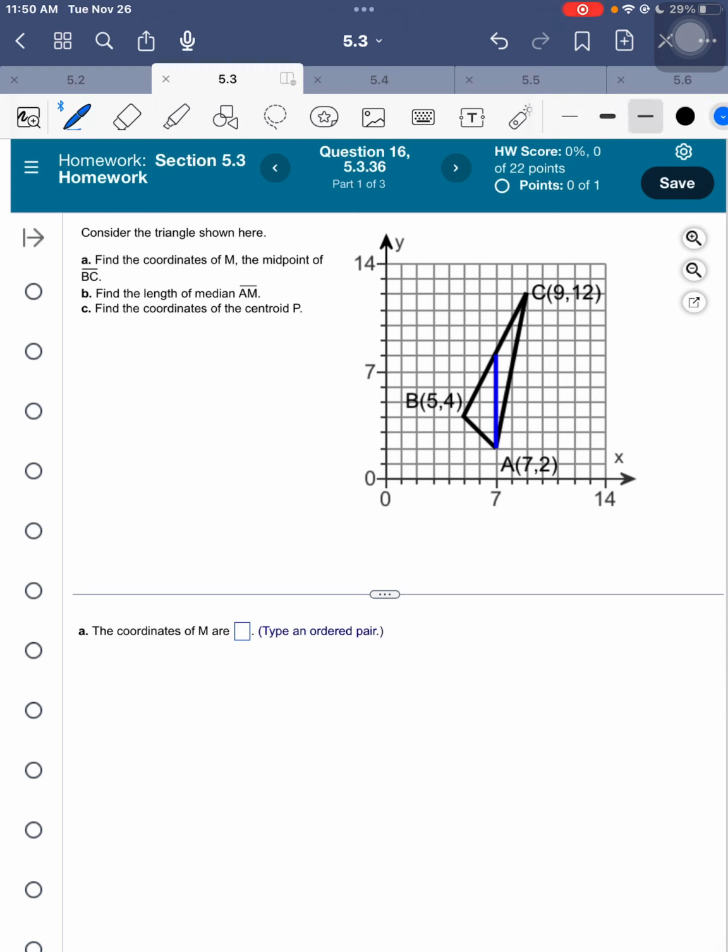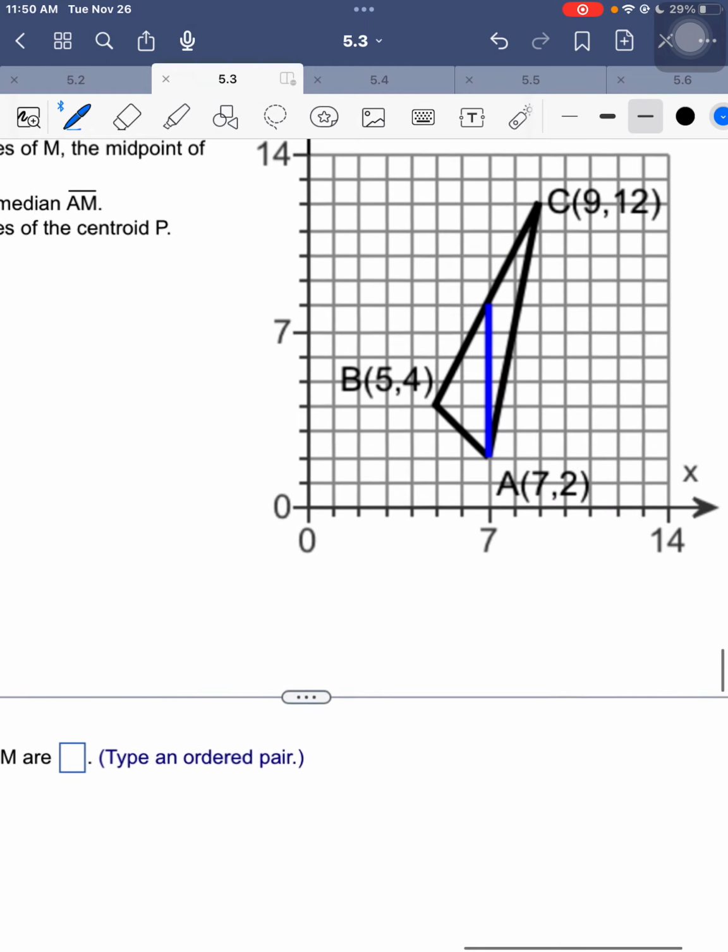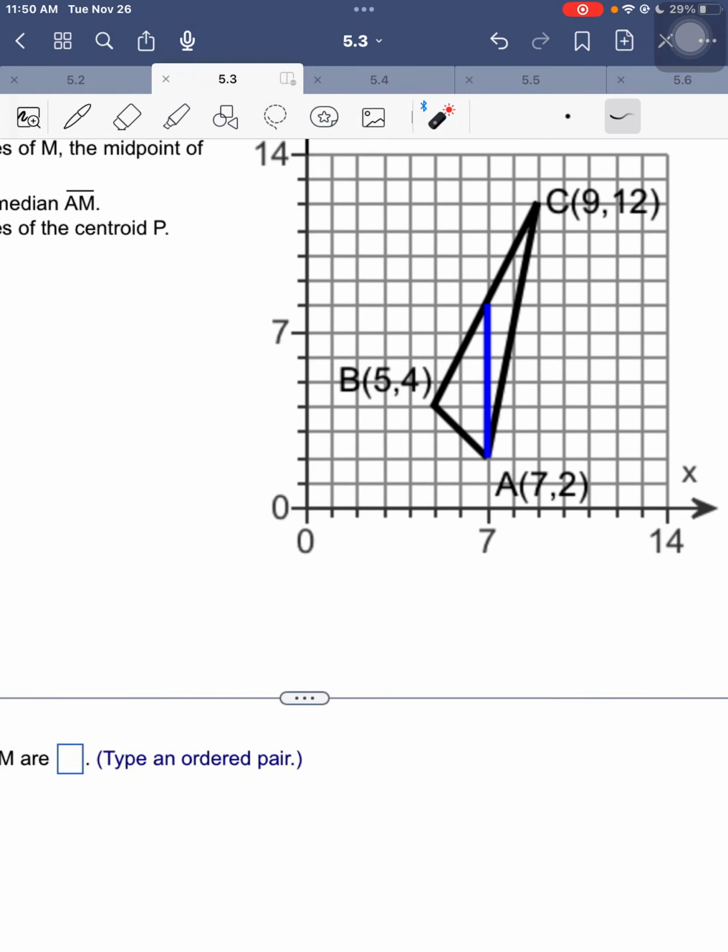Okay, so find the coordinates of M, the midpoint of BC. So to find midpoint, we need to do our formula, which is x1 plus x2 divided by 2, y1 plus y2 divided by 2. Okay, so what is 5 plus 9 divided by 2? That is 7.